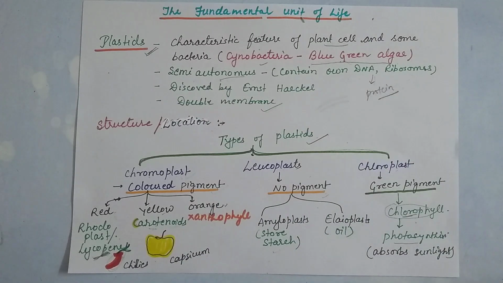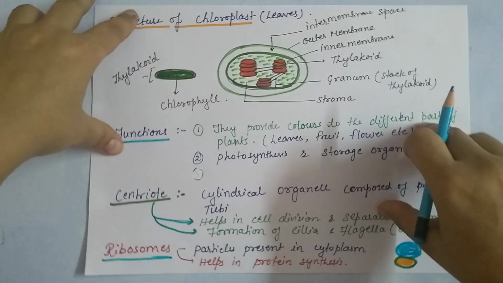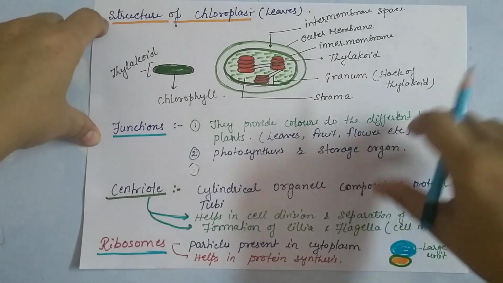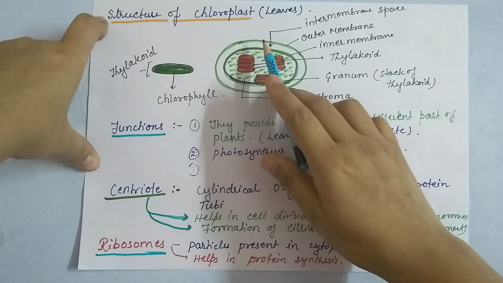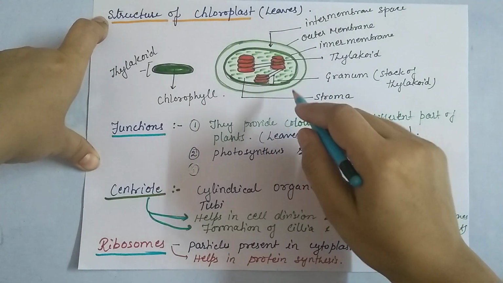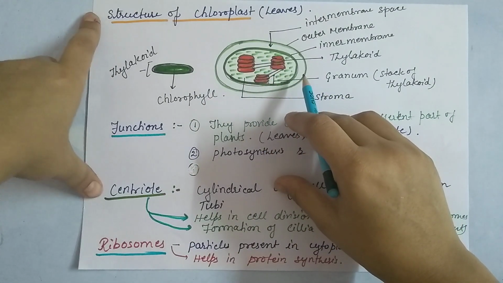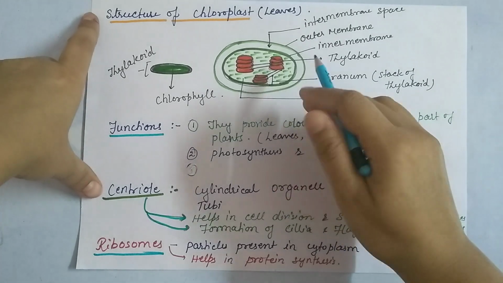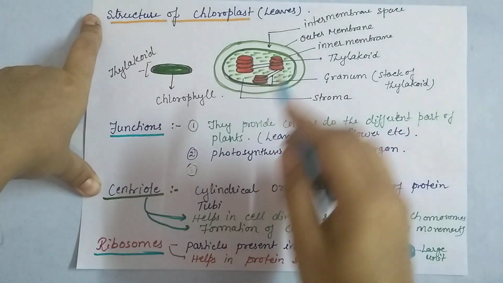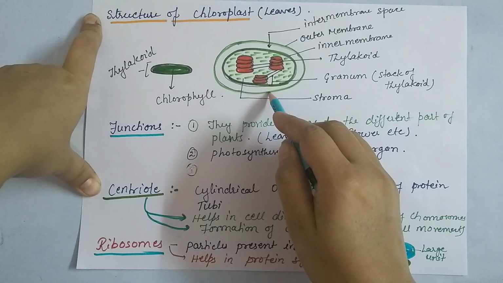Now we are going to find out the structure of plastid. I have taken the structure of chloroplast. Chloroplast is one of the very important types of plastid, and you will find it in the leaves. They are double membrane structures, as we already discussed that all plastids are double membrane.